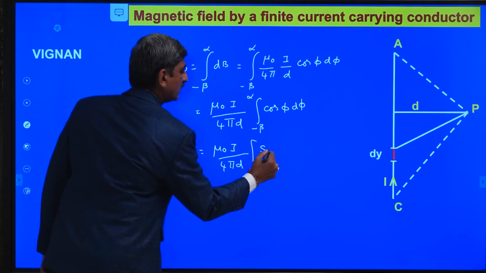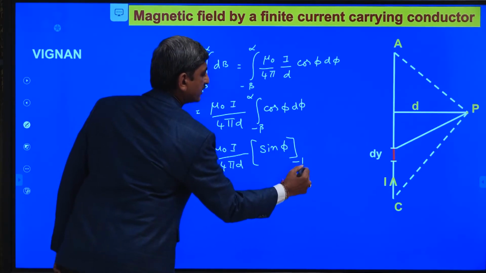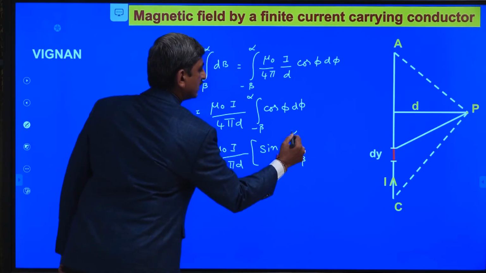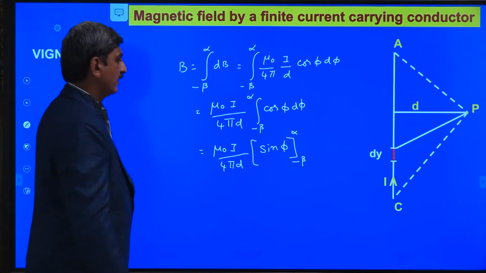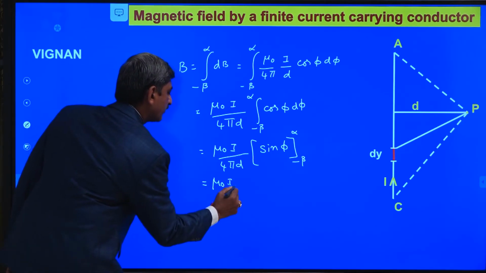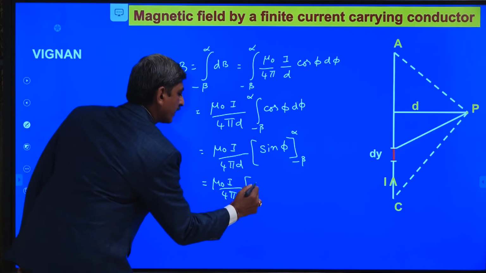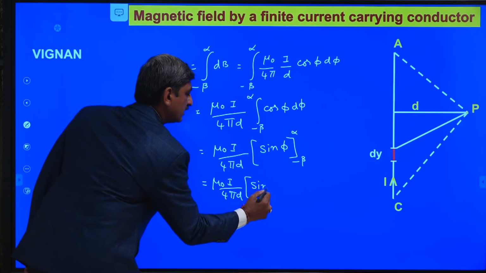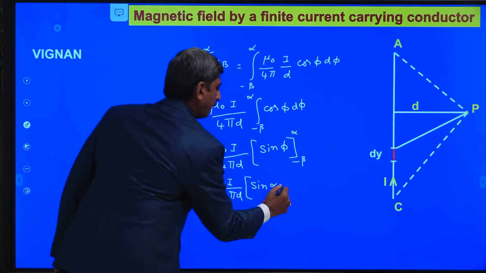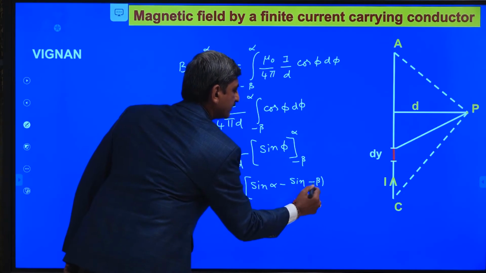This is equal to mu naught I by 4 pi d into sin phi between the limits minus beta to alpha. By substituting the limits, it becomes mu naught I by 4 pi d into sin alpha minus sin minus beta.